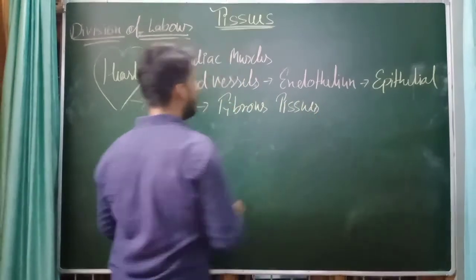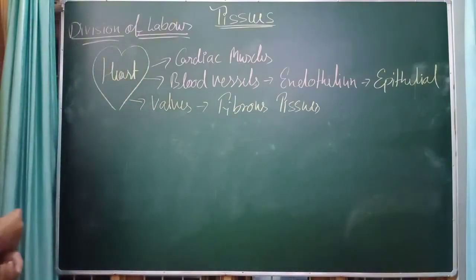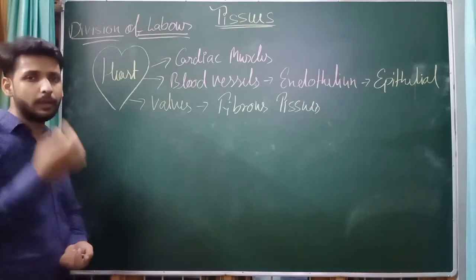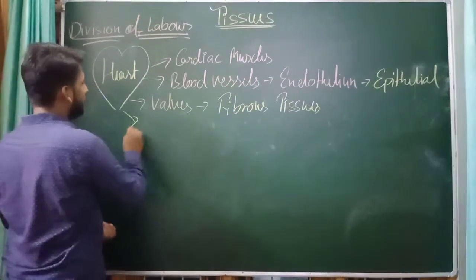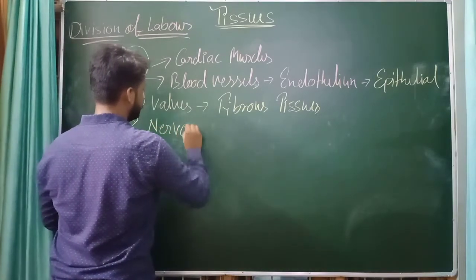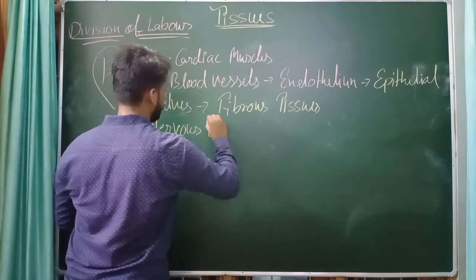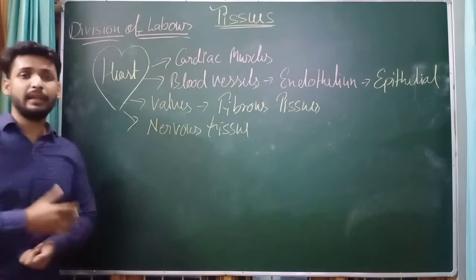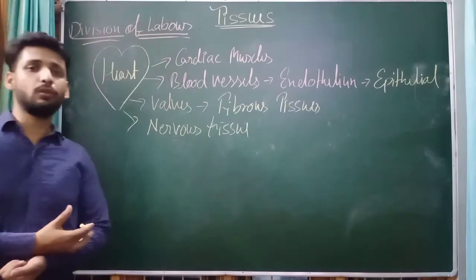Next, there is nerve supply from the brain, so it has nervous tissue also.